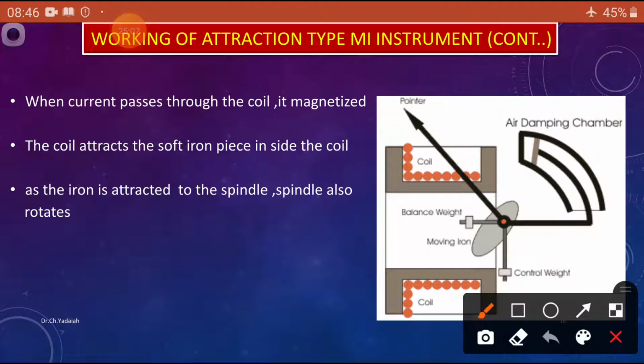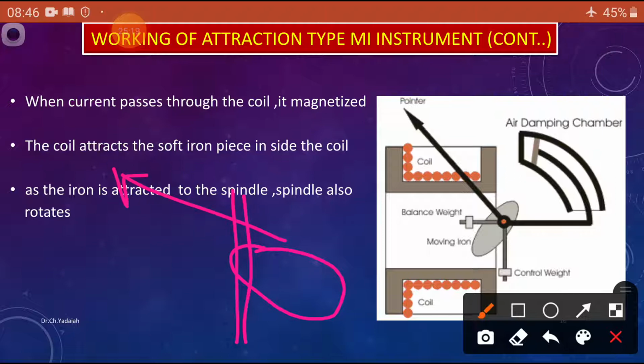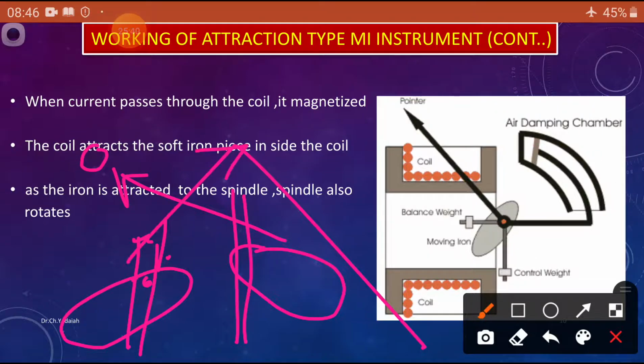Here a pointer is placed. In the normal condition, it is at zero. In the second case, whenever the spindle is moved, instead of staying at this place, it moves in this direction, attracted. Then automatically the spindle will rotate and the pointer will move in this direction.